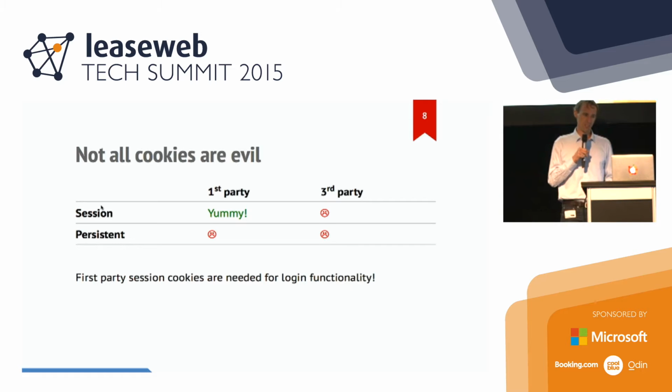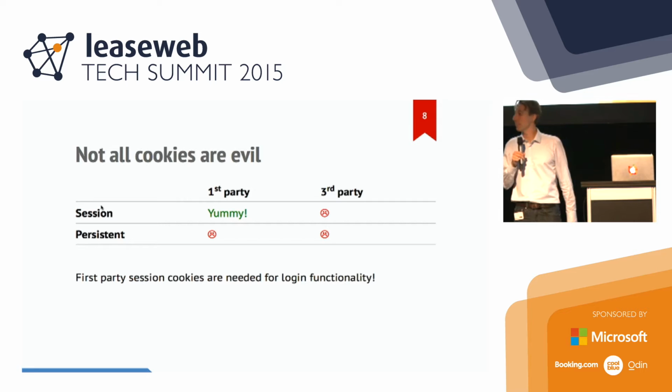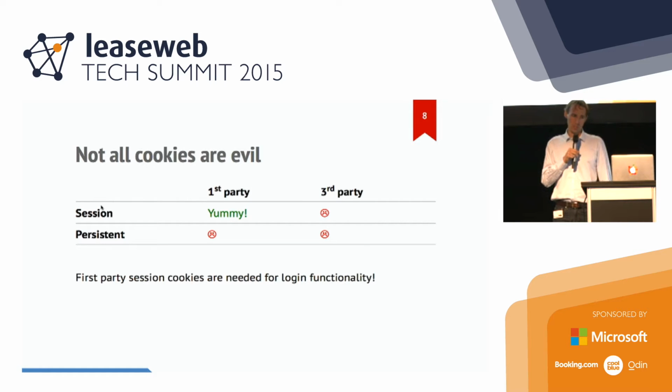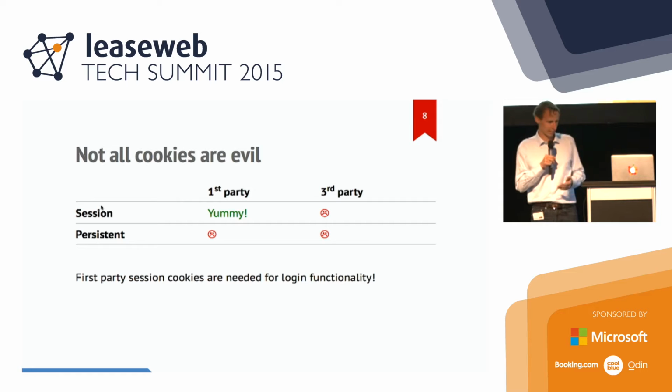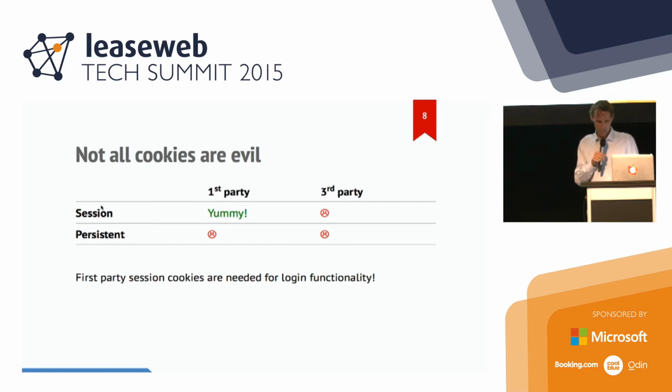But it uses a specific type of cookie. It's a first party cookie because it's served from the same domain, and it's a session cookie. It means that when you close the browser, it's discarded. So there's no risk of tracking or privacy leaks or any of that. So it's a good cookie, right? So remember that.